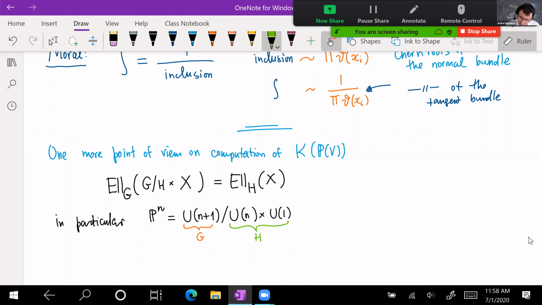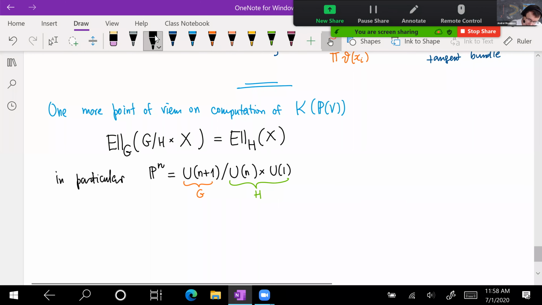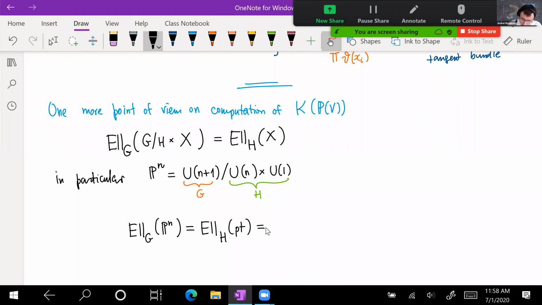And so then by this rule, we should get that elliptic cohomology of, let's say, Pn itself should be just the elliptic cohomology of BH of a point. In general, we discussed this, H is a compact group or reductive group or whatever.